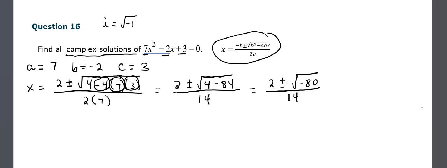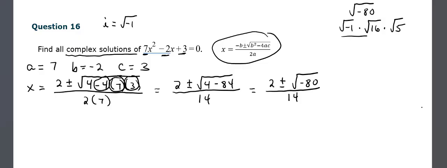and then simplify. So when we're simplifying the square root of negative 80, we're going to take out the square root of negative 1, and then we're going to break down 80 into its highest perfect square factor, which is 16 times 5.